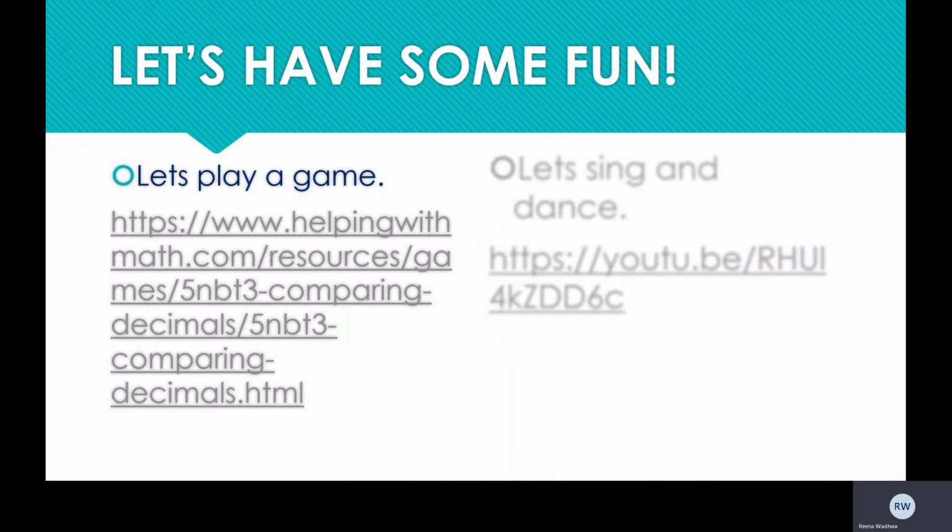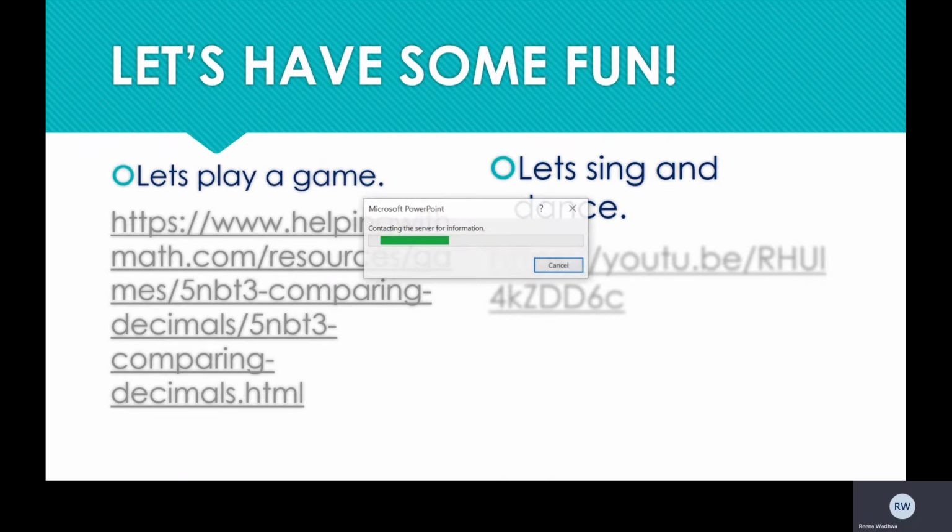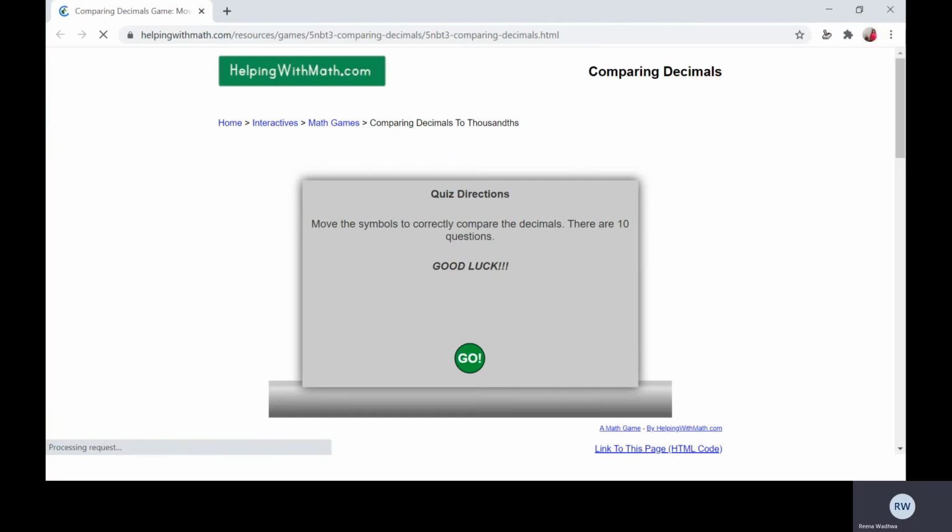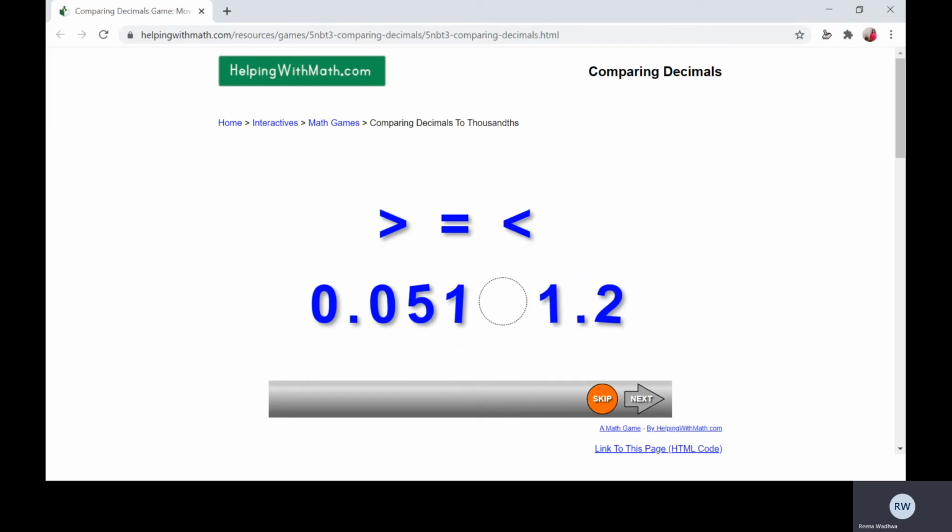Let's have some fun. Let's play a game. Here we have two numbers, 0.51 and 1.2. So whole number part 0 and 1. So 1 is greater.